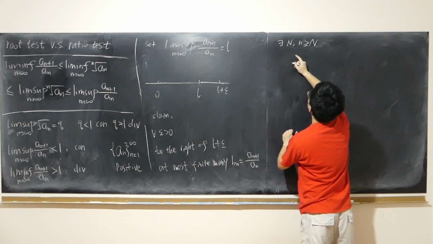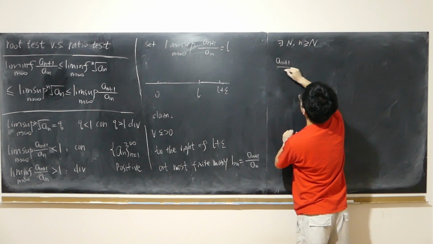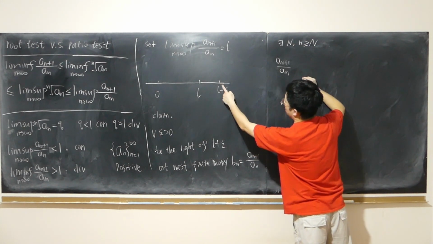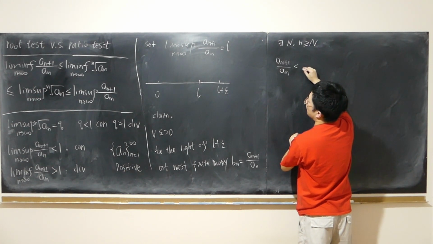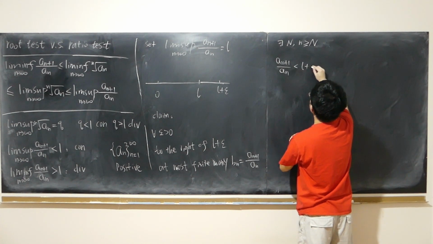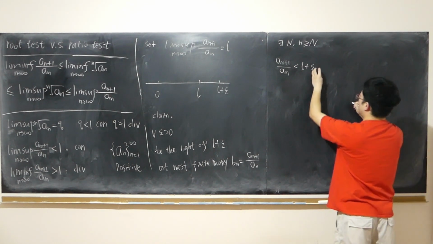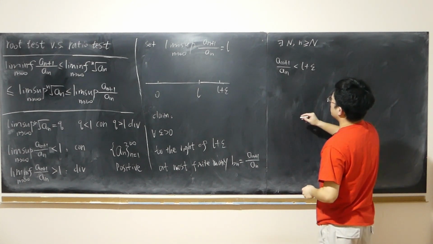After this term, a_{n+1} over a_n is always smaller than L plus epsilon for any positive epsilon. Right now I just fix epsilon; later I'm going to let epsilon approach 0.